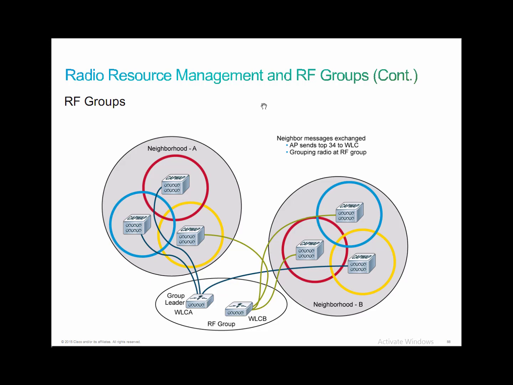And then the RF grouping algorithm dynamically chooses the group leader and ensures that the RF group leader is always present. If the RF group leader goes away, then somebody else will be promoted to be the RF group leader. All right, static mode. The admin selects the controller itself as the RF group leader manually, and that's pretty straightforward.